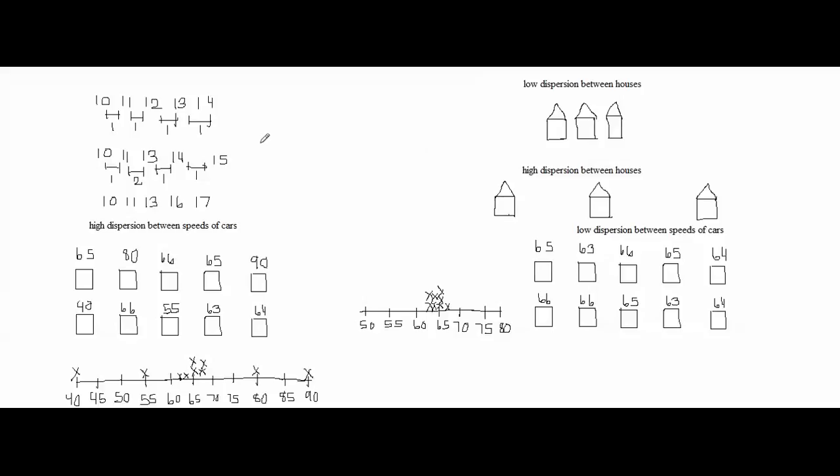The reason why we want to measure spread is because if all we do is calculate a measure of central tendency, such as the mean, that doesn't tell us everything about the data.